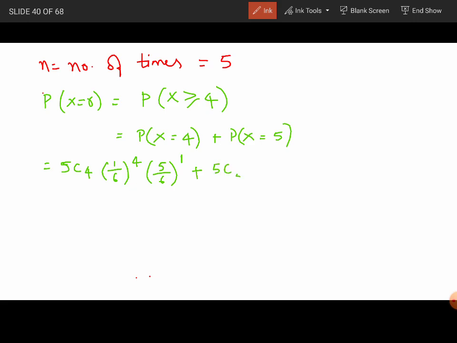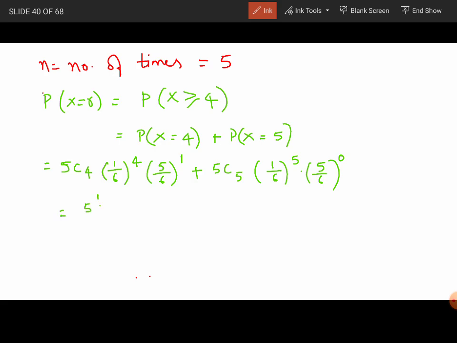So here 5C5 into 1 by 6 to the power of 5, that is P power R, into Q power n minus R. Q is 5 by 6, n minus R is 0.